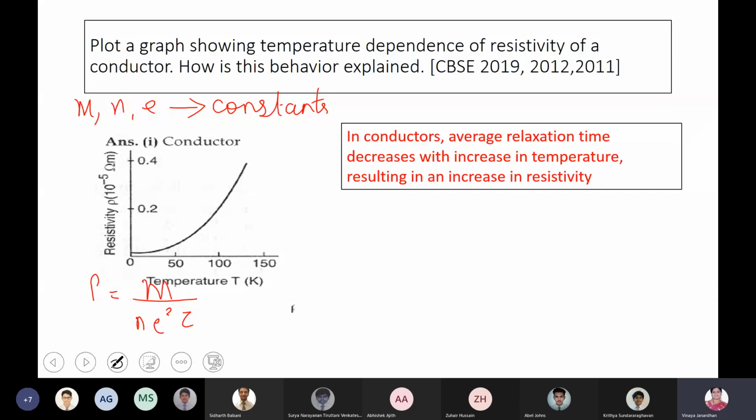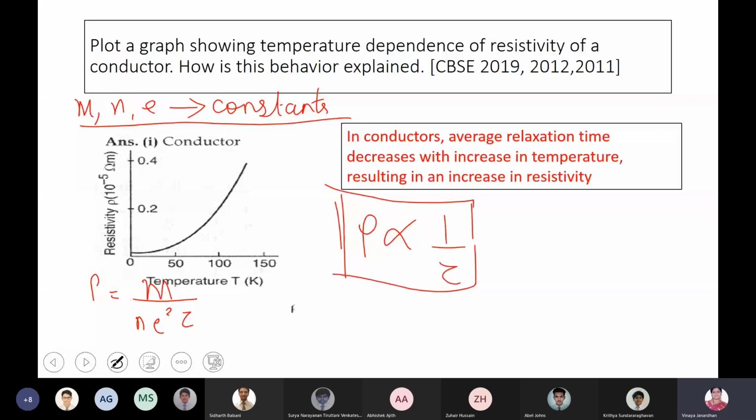So in conductors, average relaxation time decreases. So rho is proportional to 1 by tau. How will you write symbolically? As temperature increases, tau will decrease, rho will increase. Are you clear, boys?